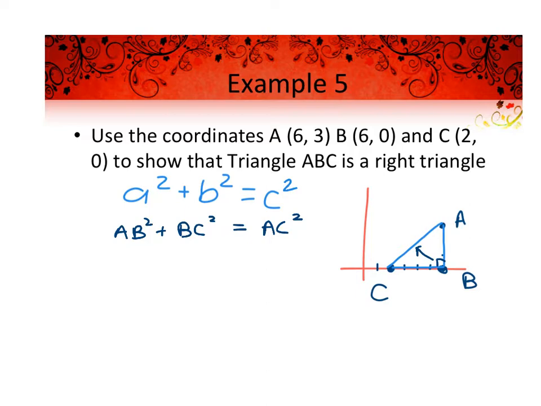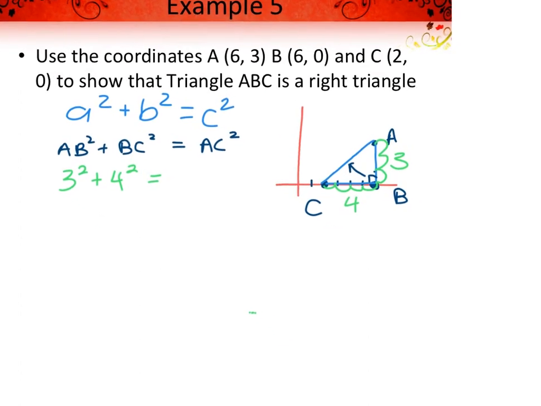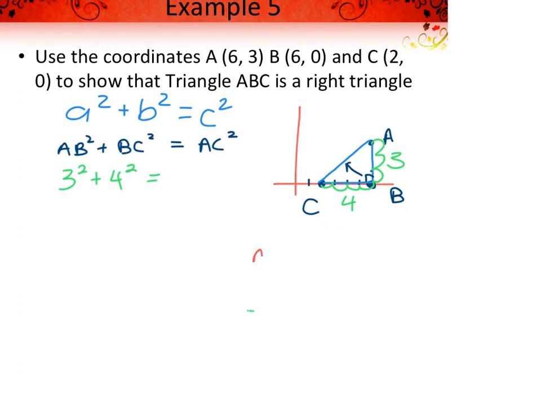Okay? So now I got lucky this time intentionally. The lines are horizontal and vertical for 2 of the sides, so you can literally count the distance. 1, 2, 3, 4. This side length is 4. Vertical 1, 2, 3. That side length is 3. So I get 3 squared plus 4 squared equals. The last one is not vertical, so I have to use the distance formula.